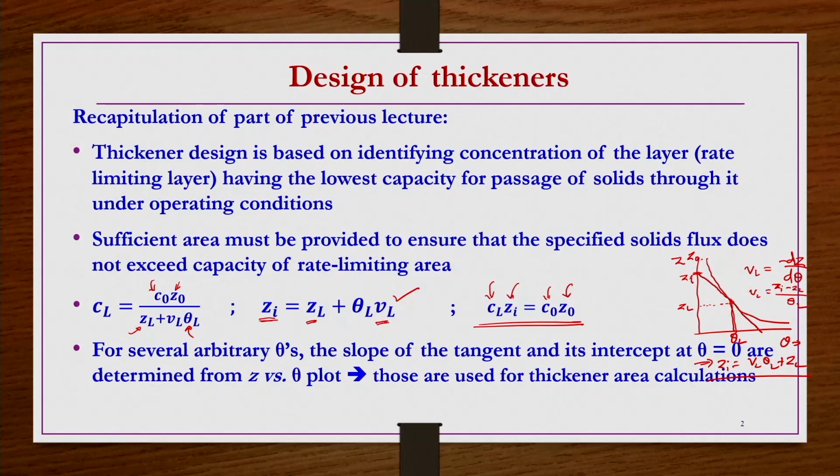Now, what do we understand from here? The solids flux does not exceed the capacity of the rate limiting layer. So, what does it mean?